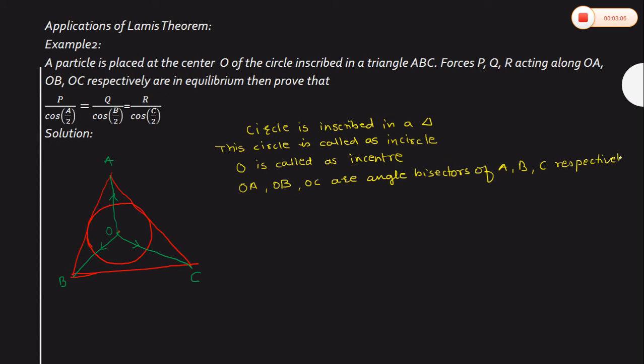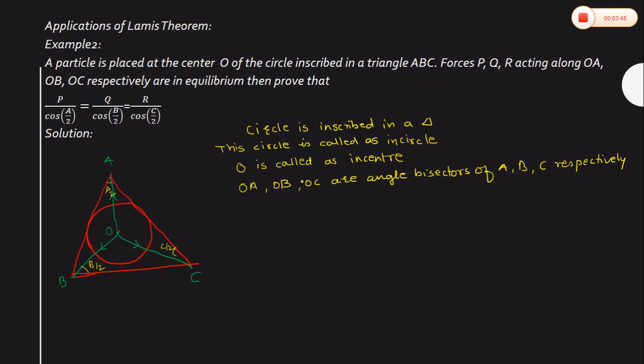Because the three angle bisectors of a triangle are concurrent, they must meet at one point, and that common point is called the incenter. So since it is an incenter, OA, OB, and OC are angle bisectors. Therefore, because of the angle bisectors, this angle is A by 2, this is B by 2, and this is angle C by 2.